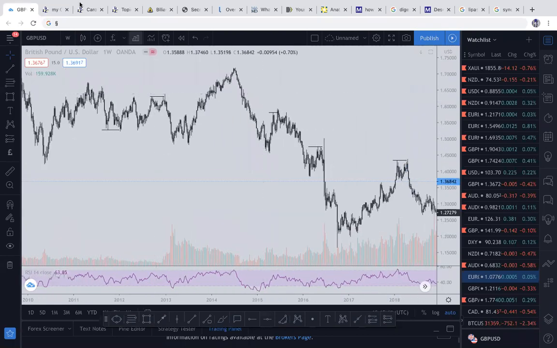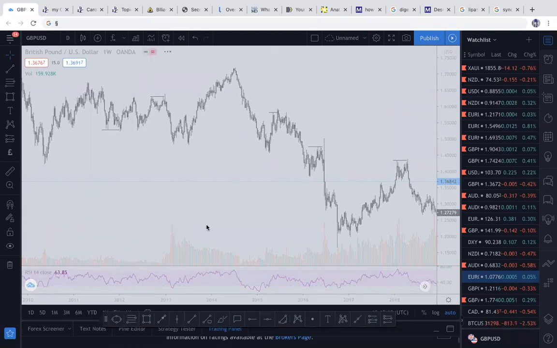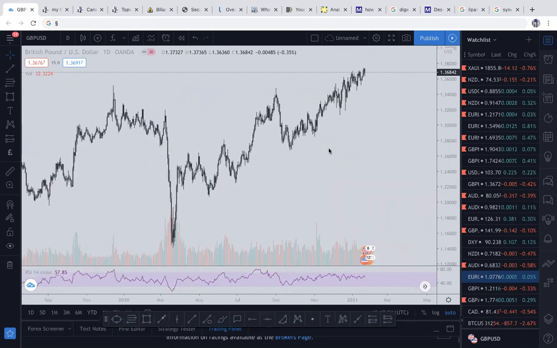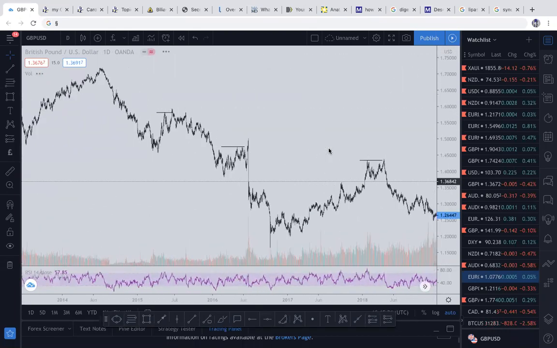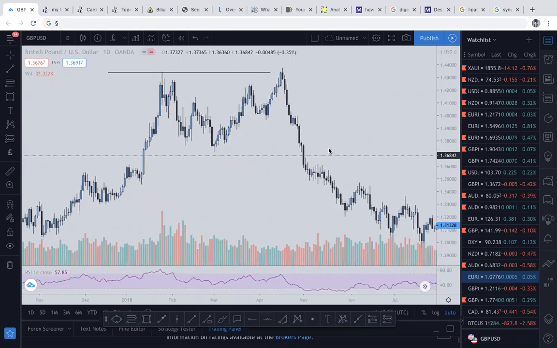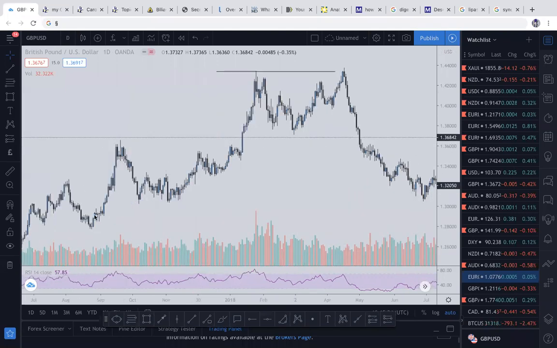Now I'm going to go on a daily time frame, and everywhere I have marked up, if we can see it on the daily, we're going to see a lot more detail. So see what happened in this area as we're rallying up.